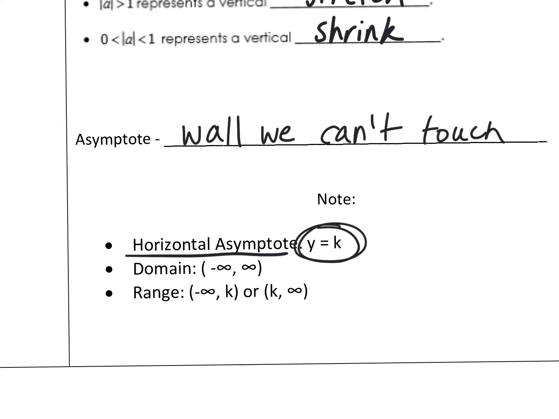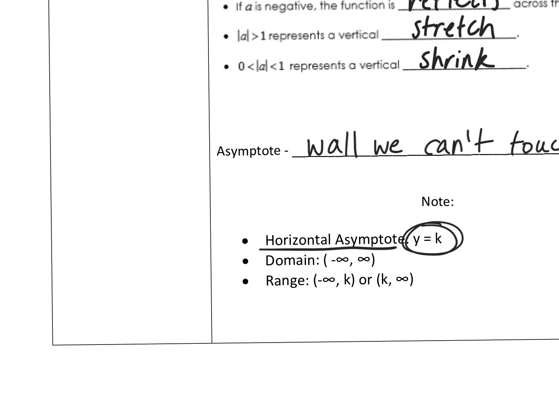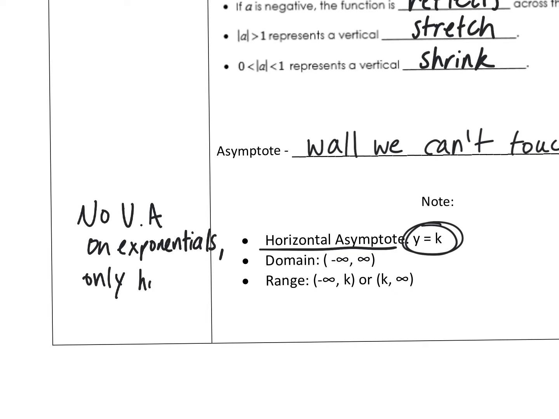If there's no k, it would just be y equals 0. There will never be a vertical asymptote on exponentials, only horizontal.